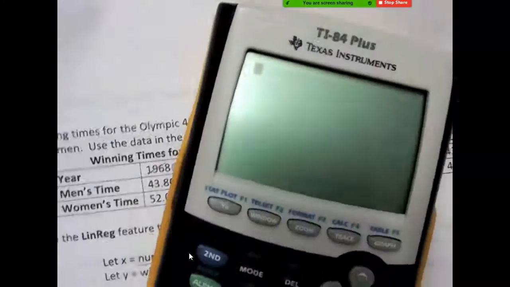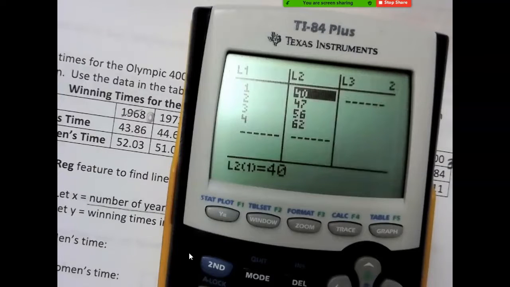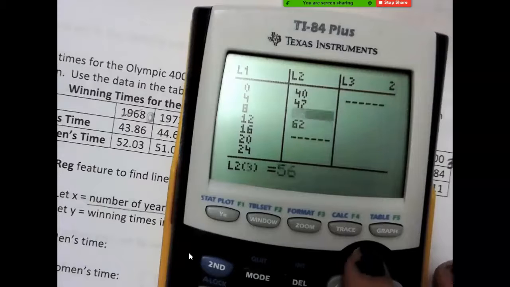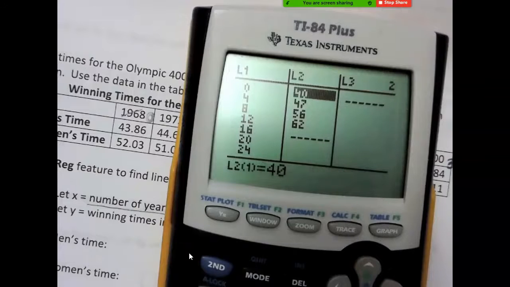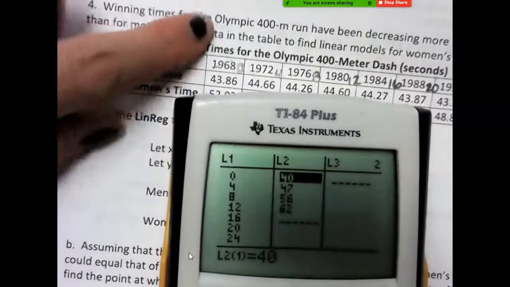So we're going to go to our calculator again, hit Stat, go to Edit, and then you're going to type in 0, 4, 8, again we're going by 4s, 16, 20, 24, 28, all the way to 32. Make sure you arrow all the way back to the top for L2 and match up the times for year 0.